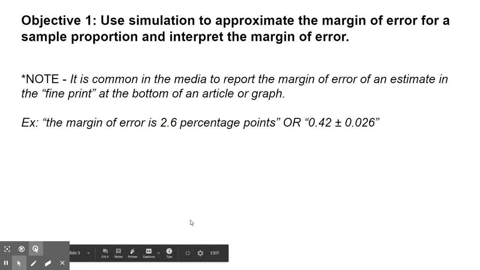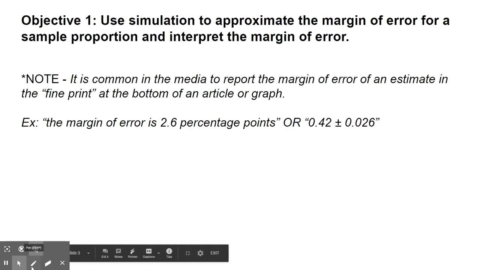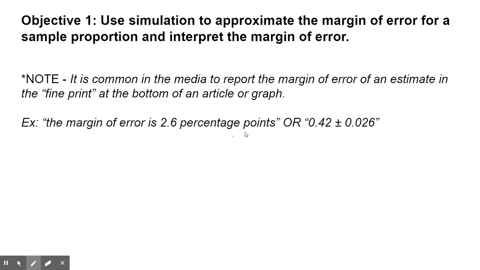Note, it is common for the media to report the margin of error of an estimate in the fine print. No one wants to admit how much they're off by, so they put the big estimate really big, and then in the fine print they talk about their margin of error. For example, we might say the margin of error is 2.6 percentage points, or 0.42 plus or minus 0.026.